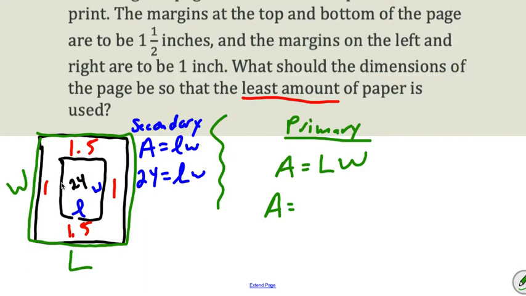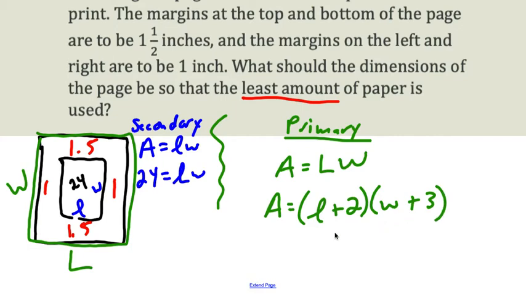So the overall length would be little l plus the two sides, 1 plus 1 would be 2. And then times the width, it's hard to tell the difference between a capital and lowercase w when you're doing this, but anyway, the width, we'll call that the height, basically, is going to be w, and then 1.5 plus 1.5 would be 3, so plus 3.